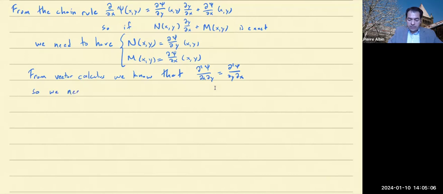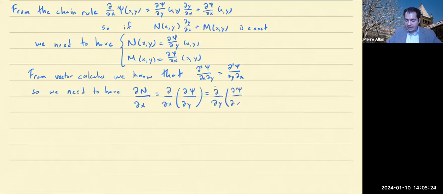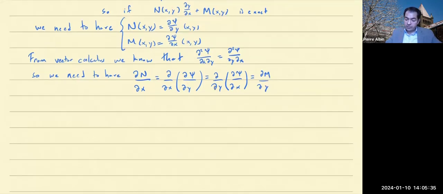So we need to have that the derivative of N with respect to x, that is the derivative with respect to x of the derivative of psi with respect to y, has to be equal to the derivative in the opposite order, first with respect to x and then with respect to y, which is the derivative of M with respect to y. So if this expression is going to be exact, then these functions have to have these derivatives equal to each other.